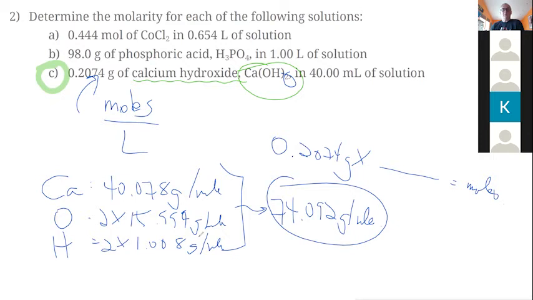What am I going to use to multiply my mass of calcium hydroxide by? 1 mole on top, 74.092 grams on the bottom. Grams go away. And how many moles do I have?